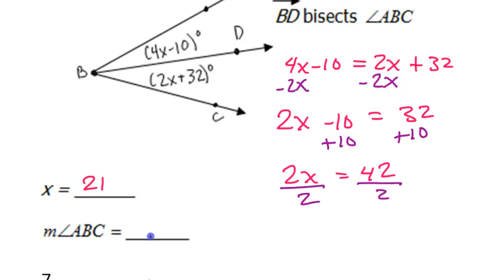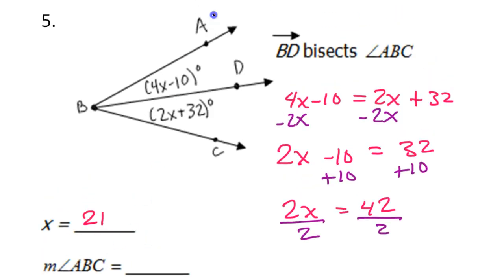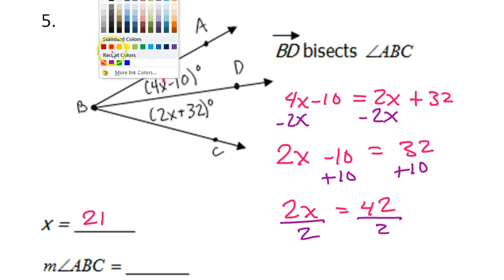Now, find the measure of angle ABC. ABC is the whole angle. But anyway, let's plug x into one of these expressions and see what we get. For example, let's say I substituted 21 for x right here.